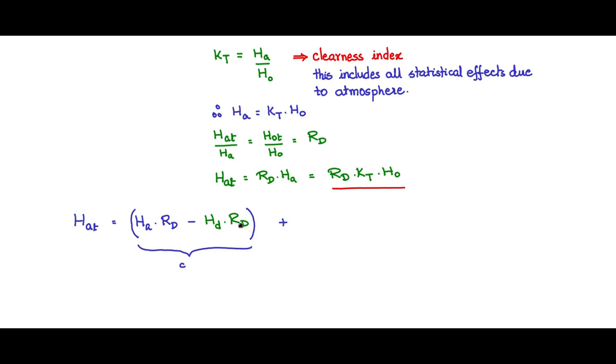And I will call this the direct portion, and the diffused portion I will deal with separately, and I will call that one HD into, now here an empirical parameter comes in which is dependent on the tilt angle. So 1 plus cos beta by 2, this relationship is an empirical relationship which deals with the diffuse component.